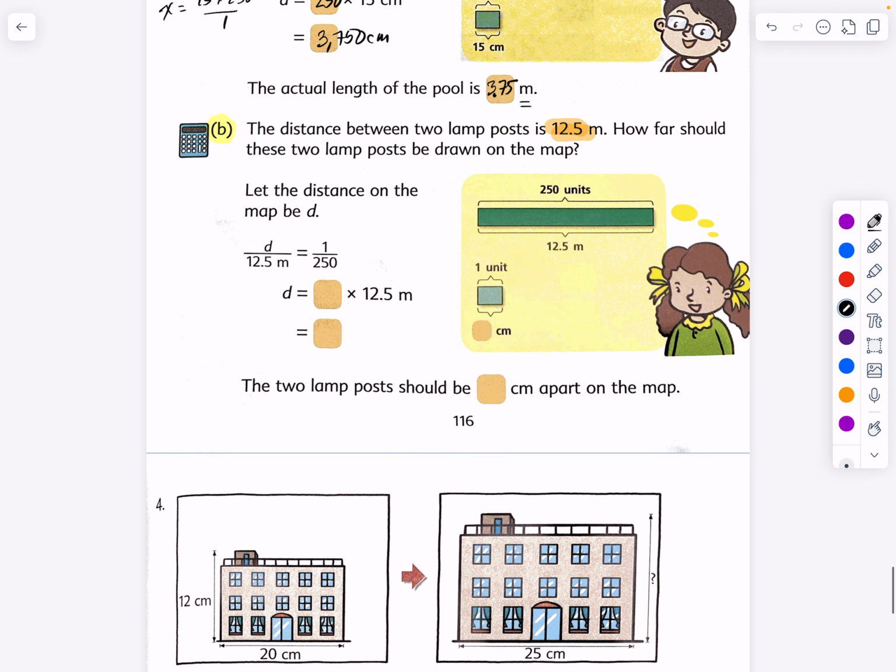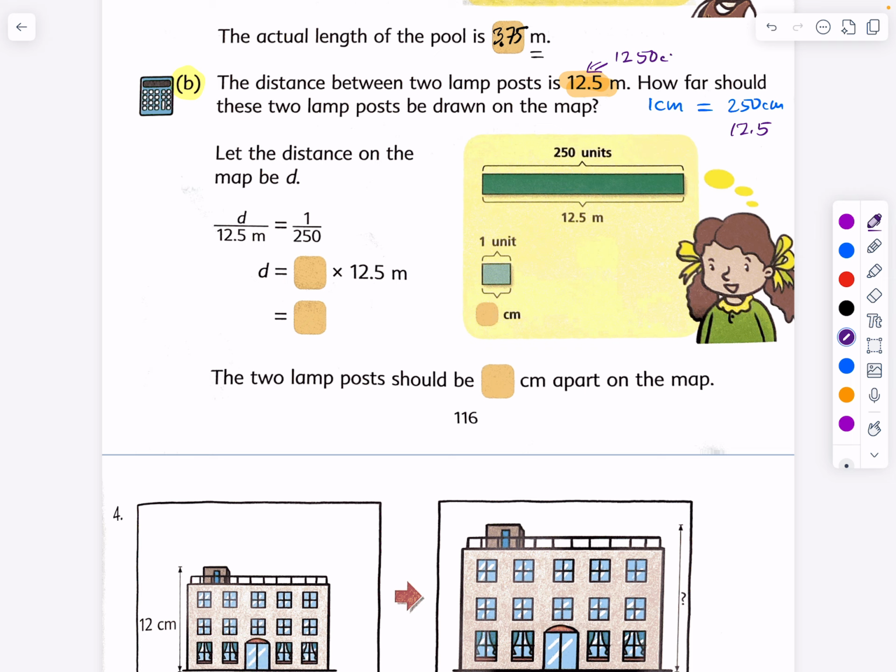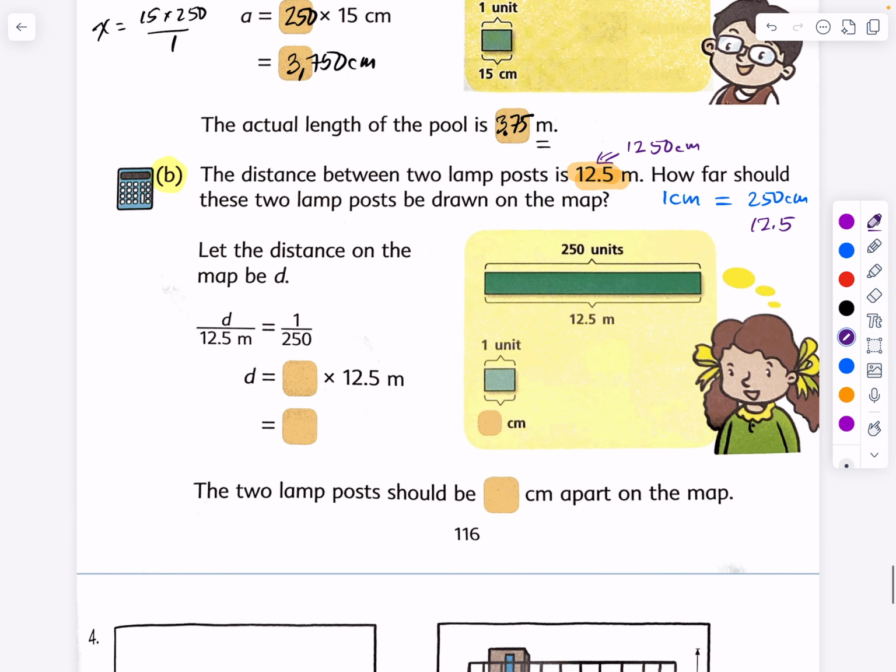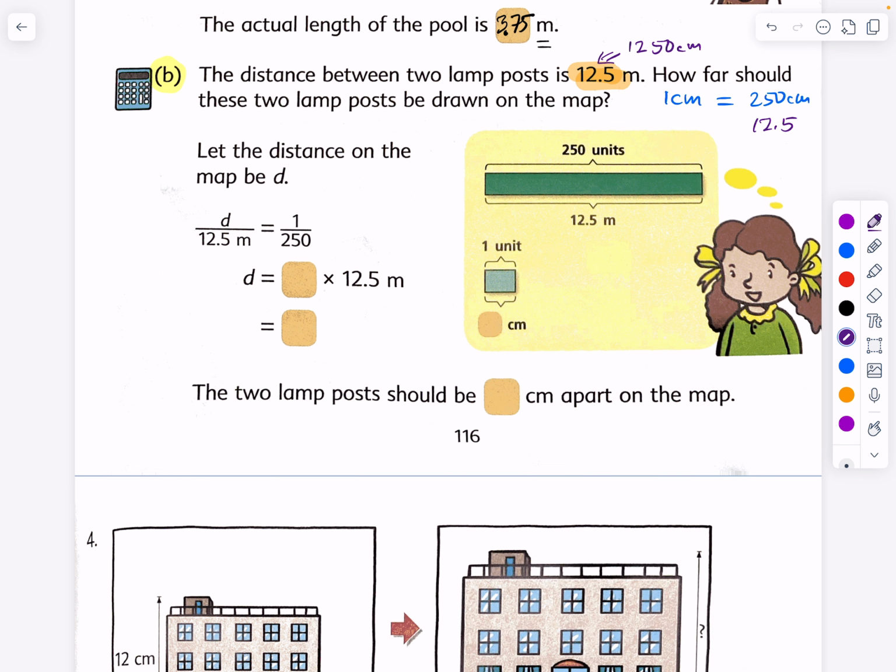We know that 1 centimeter on the map represents 250 centimeters in the real world, the actual distance. And what else is given in part B is 12.5 meters. My friends, let's quickly convert it to 1,250 centimeters. We must make sure that we're working in the same units.